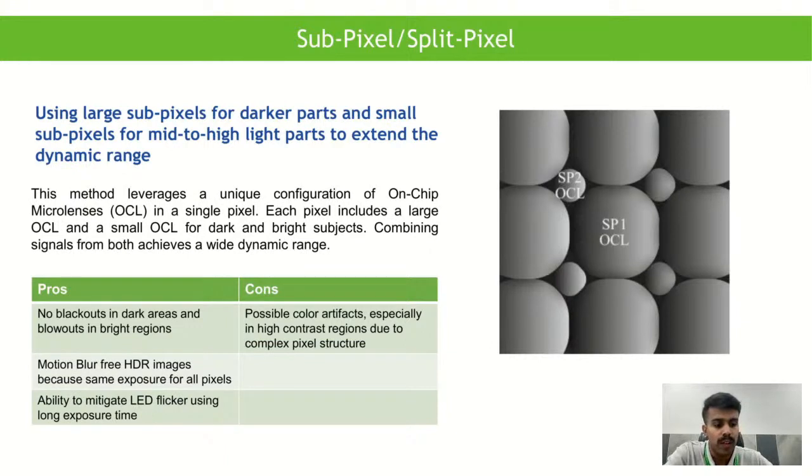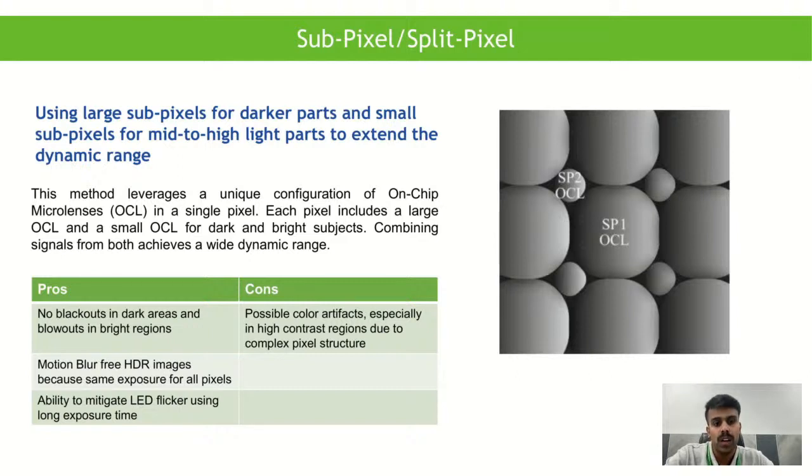Another unique way of implementing HDR on the camera is by using an architecture called subpixel or split pixel. This is a method provided by Sony. Some of the Sony automotive grade sensors support this method for achieving high dynamic range. Basically, there are two different sizes of pixel in the sensor.